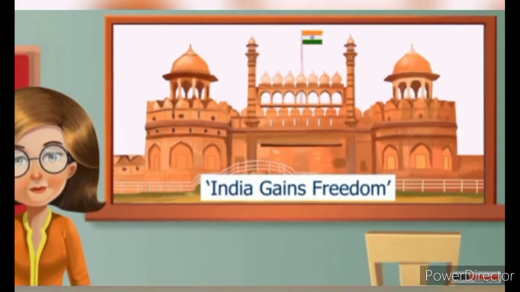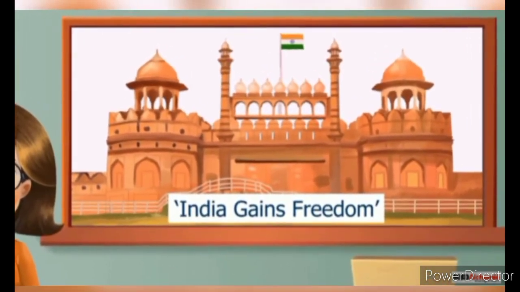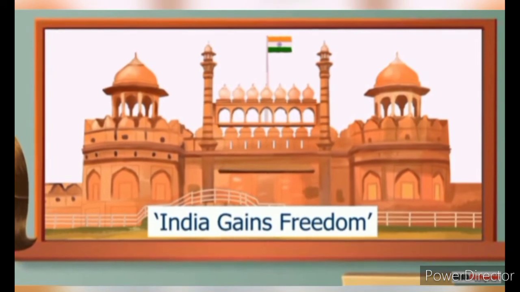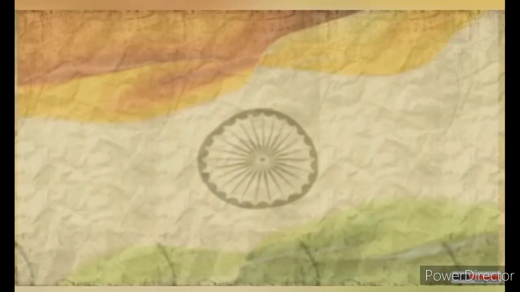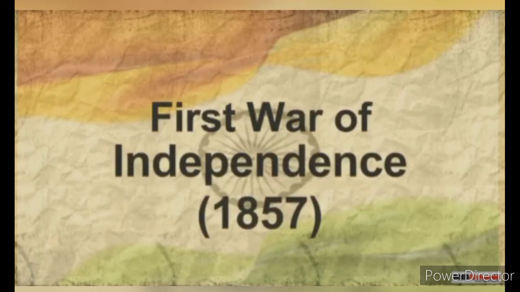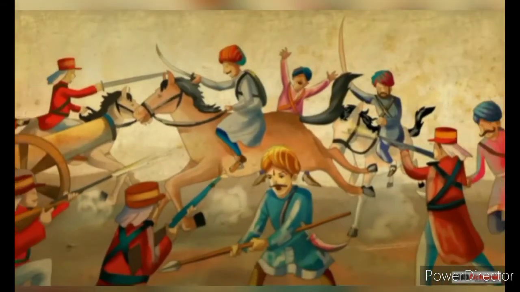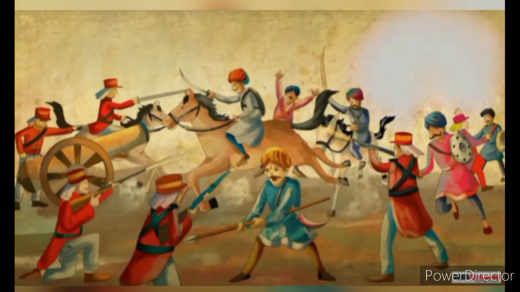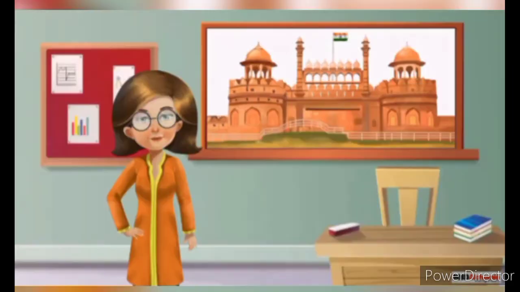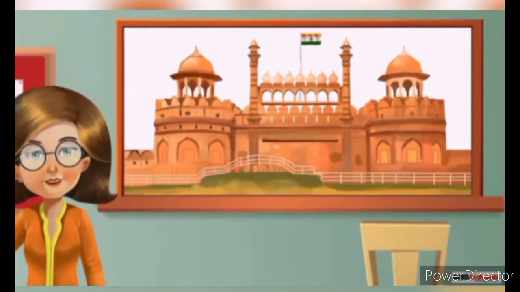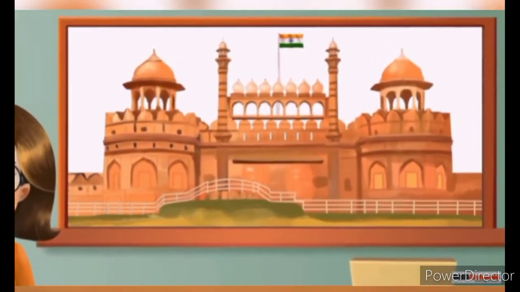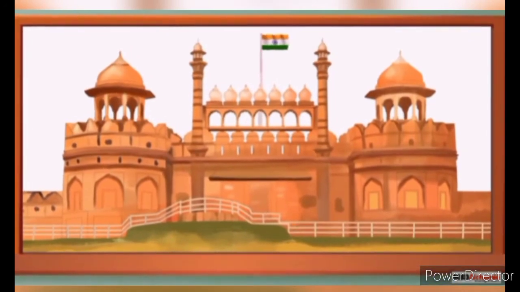There were a series of significant events which finally led to the freedom of India in 1947. Although the first war of independence was fought in 1857, when Indians first rebelled against British rule, today you will learn about those events which took place just before independence and became milestone events for making Indians free from British rule.